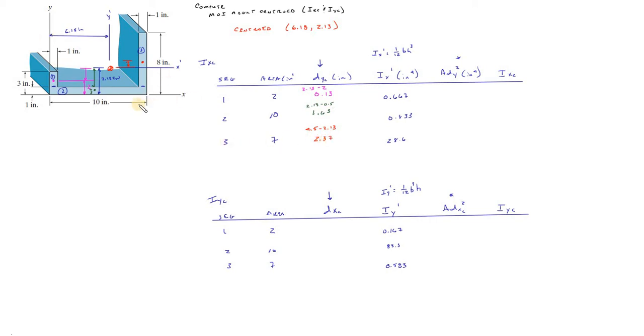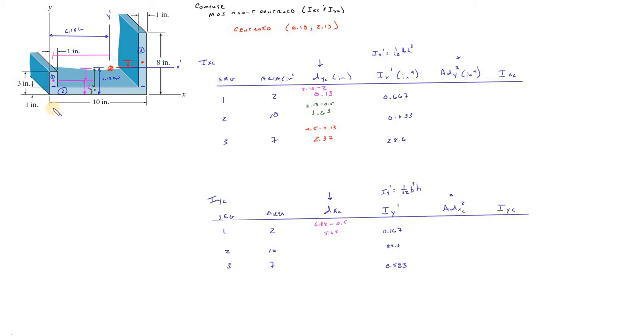Now let's do the same thing for our x's. That's going to be this distance from here to here. Now I know I went 0.5, but now I go all the way to 6.18. So that's 6.18 minus 0.5, which gives me that distance of 5.68.